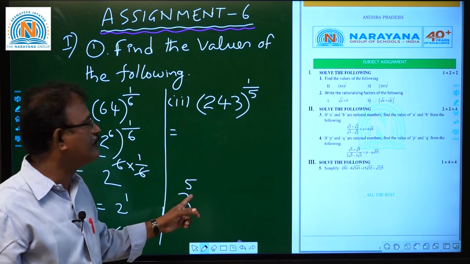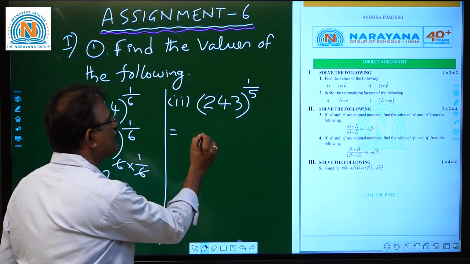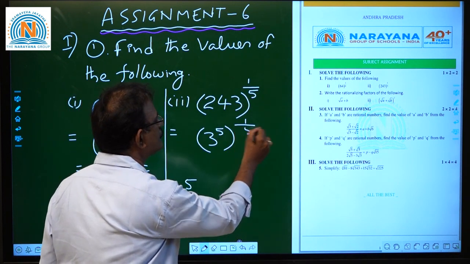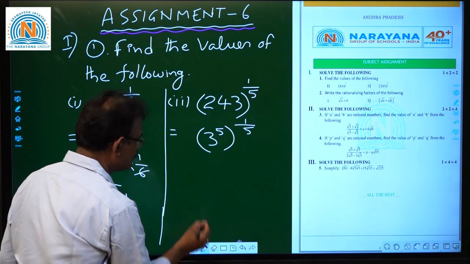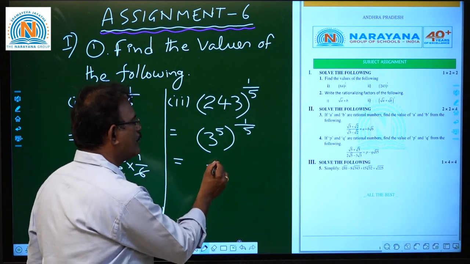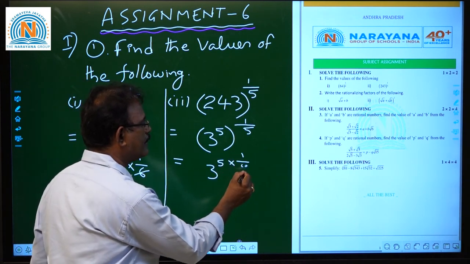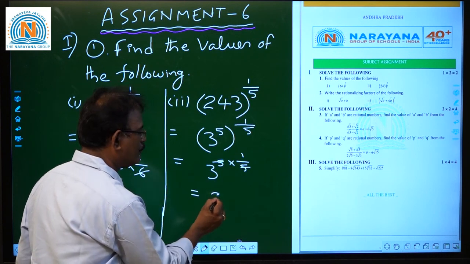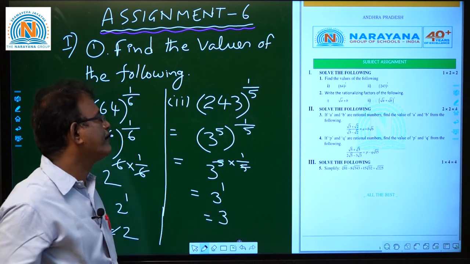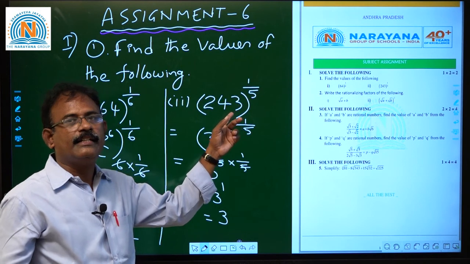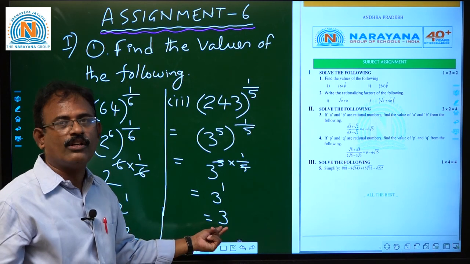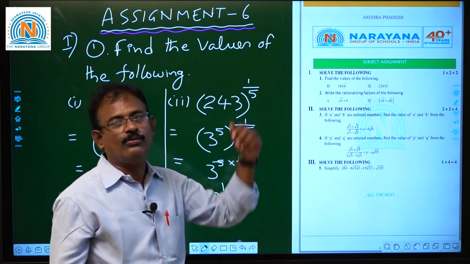So this is in the (a power m) whole power n form, so a power m into n. So we can cancel 5, and the value becomes 3 raised 1 time, so the value remains 3. So 243 raised to 1 by 5, or decreased 5 times, will be equal to 3. Let us come back to our next question.